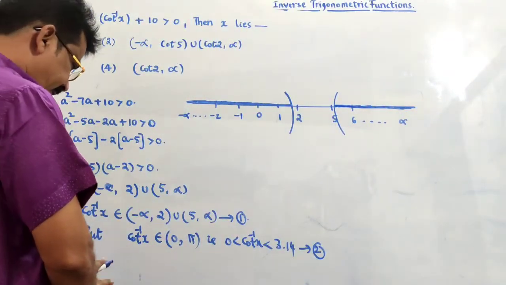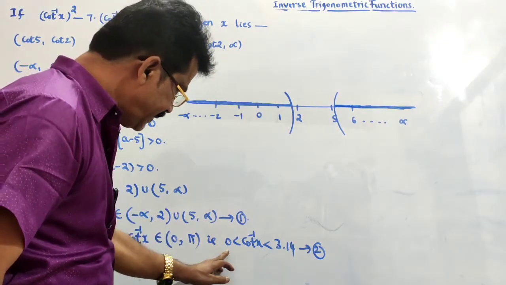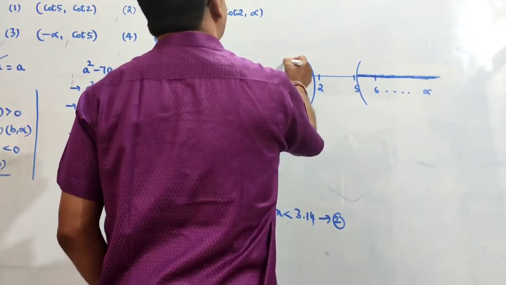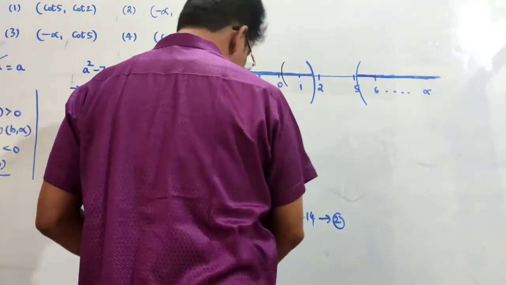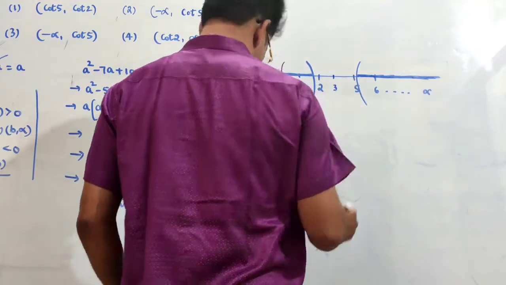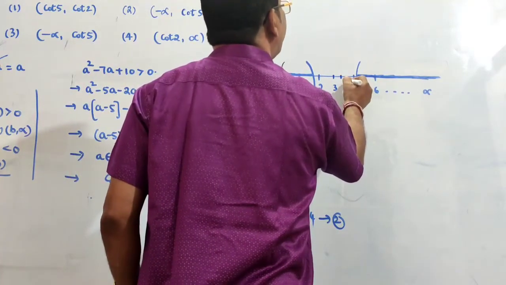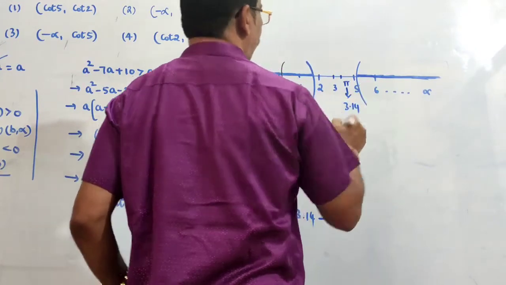I already explained the definitions of open interval, closed interval and half intervals. Next, second, cot inverse of x lies between 0 and 3.14, the open interval 0 to pi. For example, 3 is included here, and pi is 3.14.